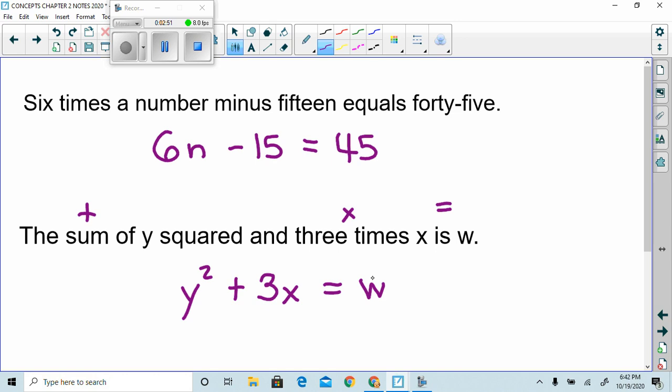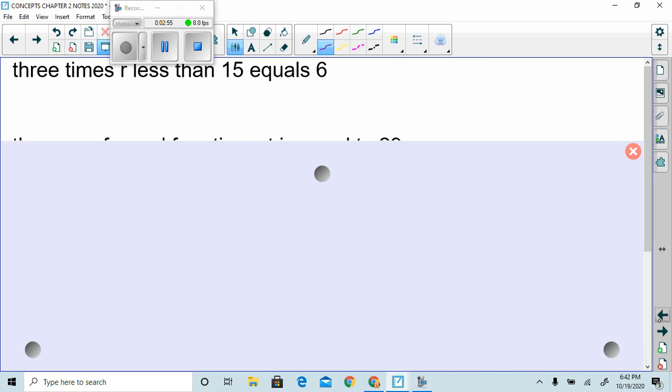And again, go back and look at it to make sure it makes sense. We'll do just a few more, and this is really going to be our focus for today's class. It's just working on these translations.